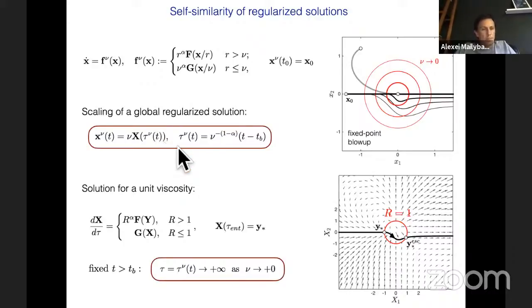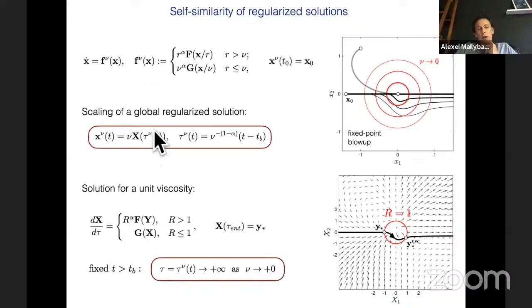So there is a trick, which is the following. This trick is just to give you insight. You can make a substitution, the ansatz of the solution to the system in the form of nu, which is a small parameter, multiplied by the capital X parameterized by tau nu.